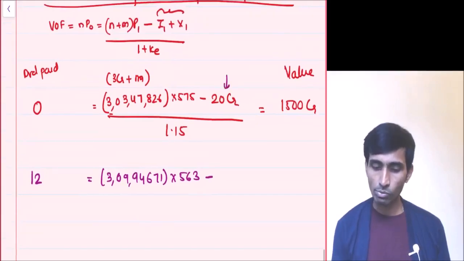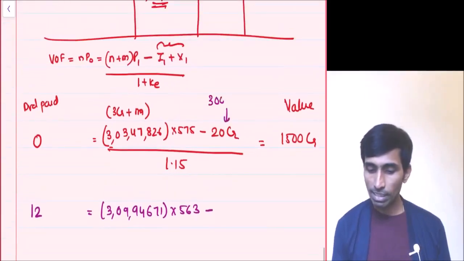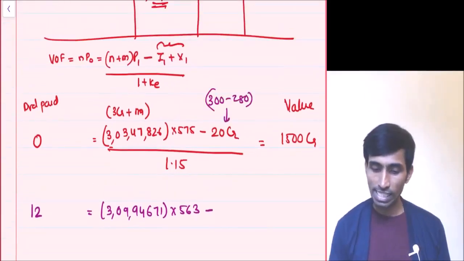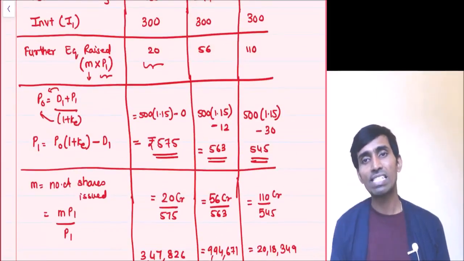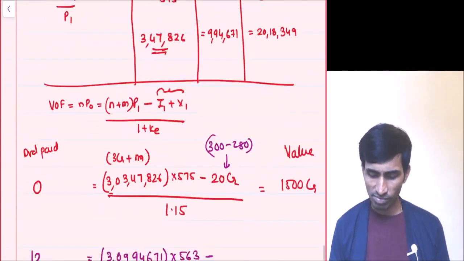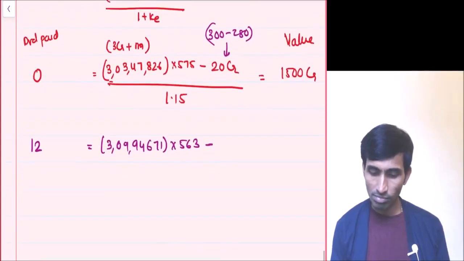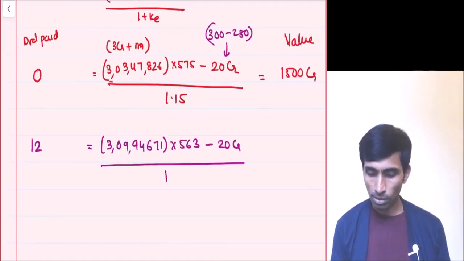Let me tell you how this 20 crores came out. 300 minus 280. This extra that I had to raise now, this 20 crores, is M into P1. Okay, that is net. Minus 20 crores divided by 1.15.